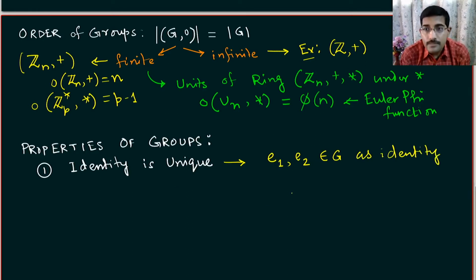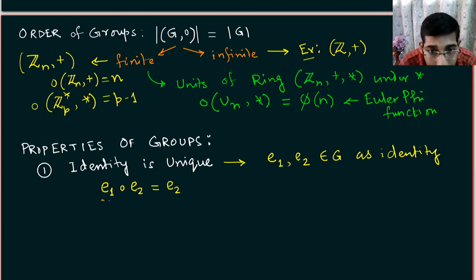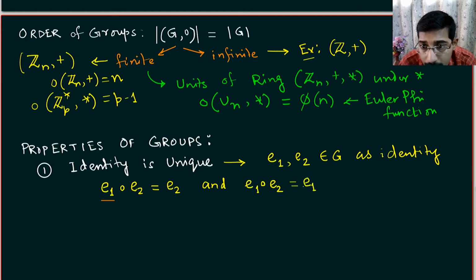Now, assuming E1 to be the identity, if I operate it with any other element, I get back that element. And assuming E2 to be the identity, if I operate with any other element present in the group, I get back that element.